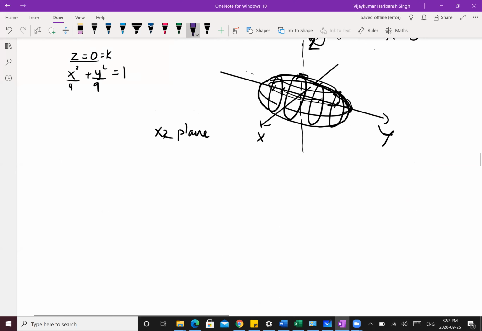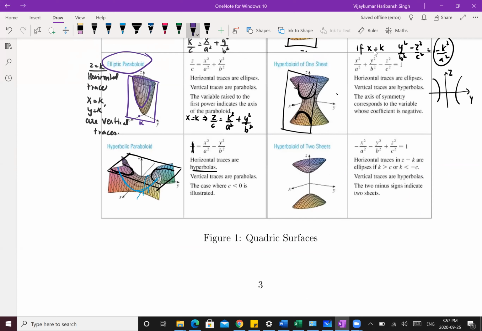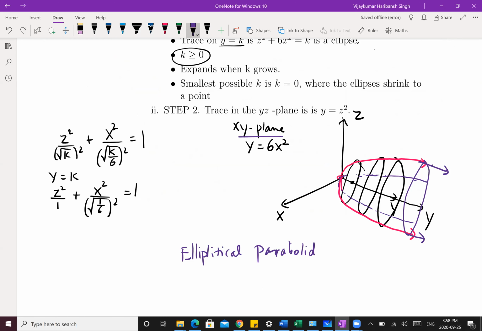Yeah. So if you look at the catalog, this is the diagram we got here. We got a hyperbolic paraboloid. Sorry, in this case, we get an elliptic paraboloid.